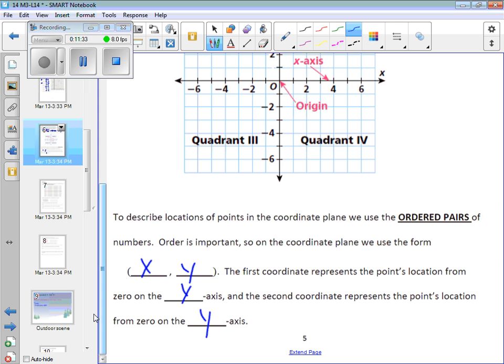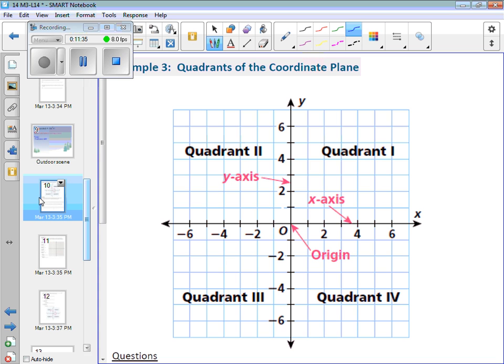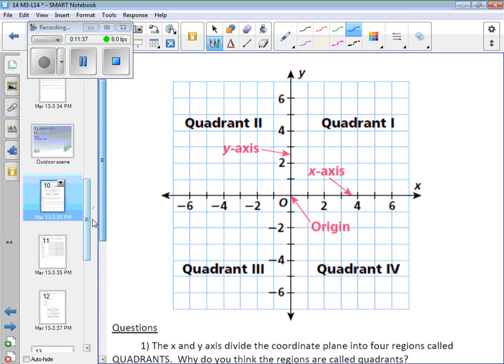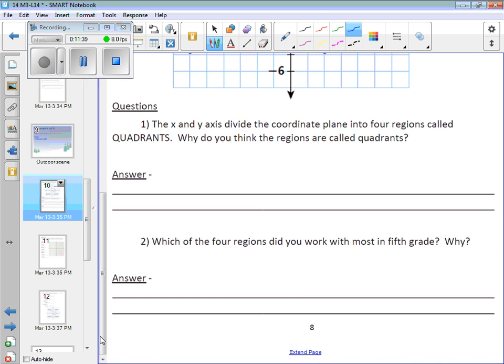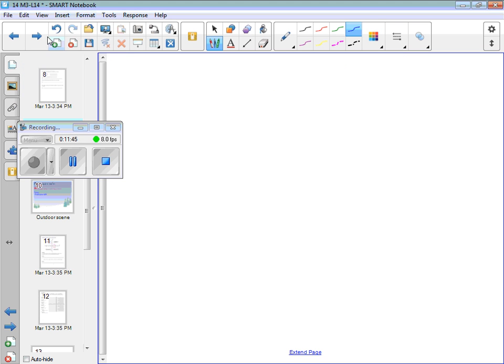What you guys are going to do is skip pages 6 and 7 and go directly to 8. Between now and the bell, you should be able to get pages 8, 9, and 10 done. Follow the directions, because I think page 8 just wants to know what quadrant the point is in.